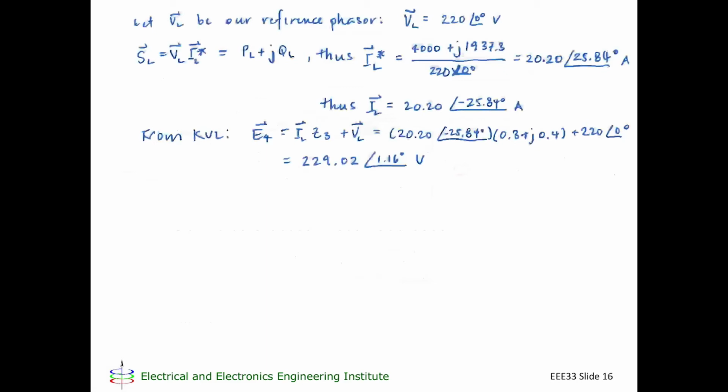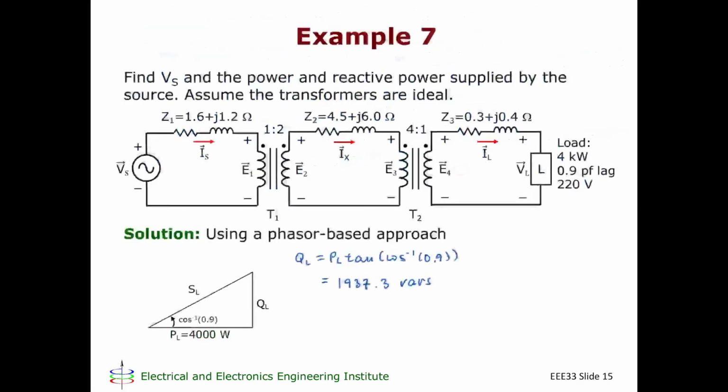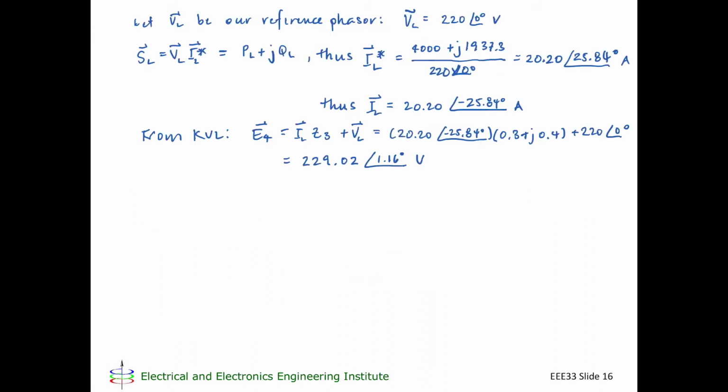I can now compute E3 and I of X using the turns ratio of T sub 2. E sub 3 is going to be equal to E sub 4 times 4 over 1.